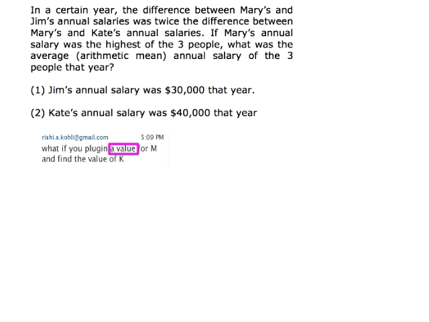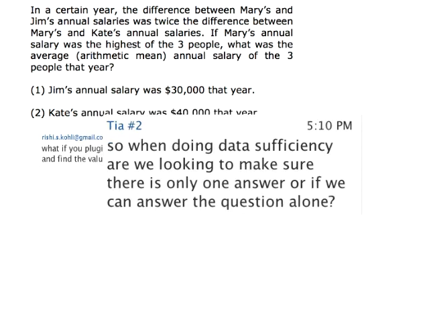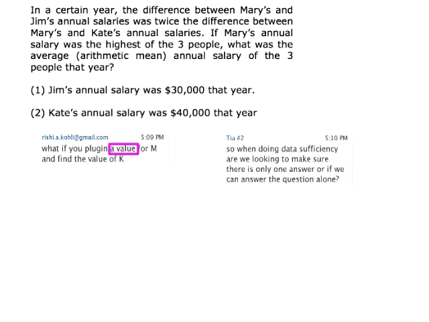So yeah, you've got to plug in multiple values. There it is, right? Because the point of data sufficiency is that there's never just one thing that you plug in. This also addresses the question that Tia has asked here. You have the right idea, although you might want to think about goals.